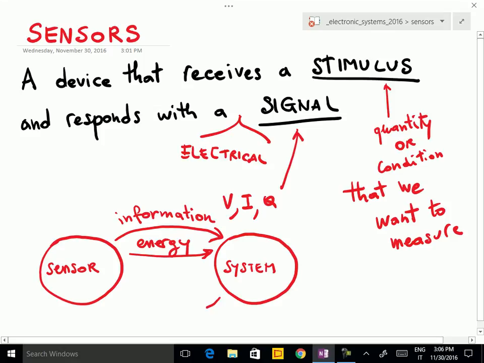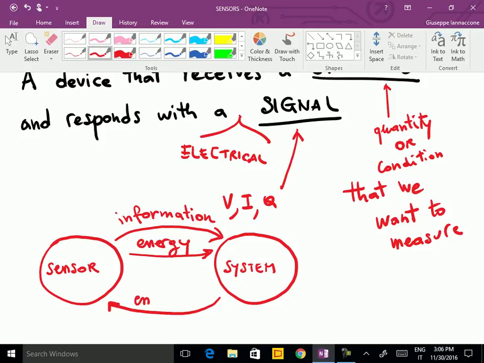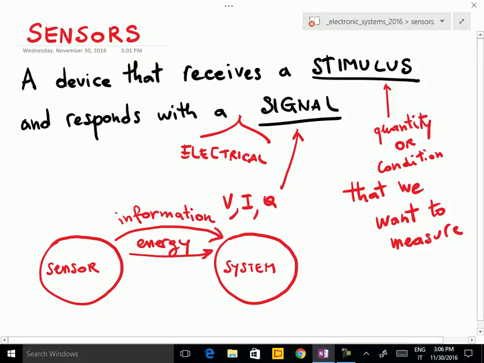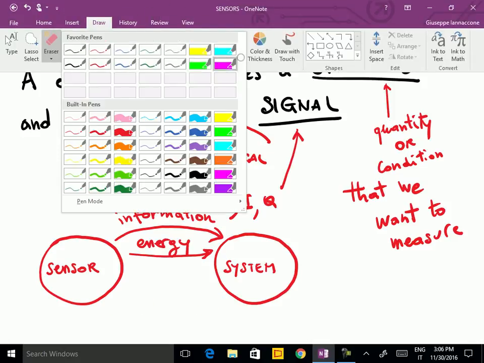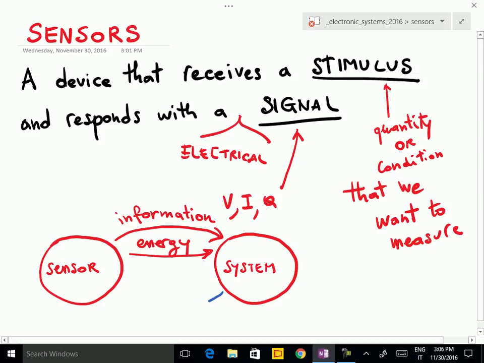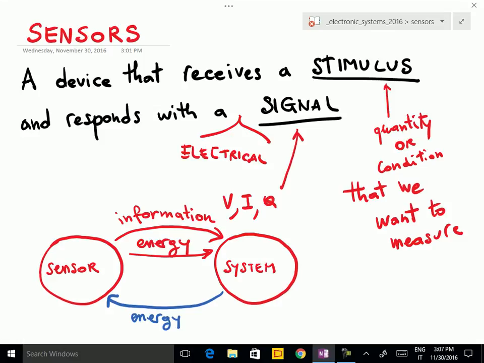So sometimes, not always, we can have, let me use a different color just to indicate that it is optional, while the first two arrows are always there, a transfer of energy from the system to the sensor, because we need to supply some energy to the sensor in order to make it work. This is optional. It depends on the type of sensor and on the type of measurement that we want to do.